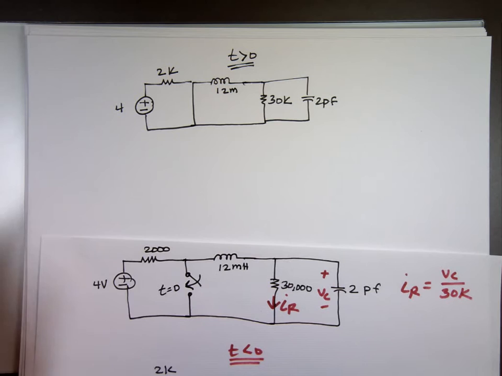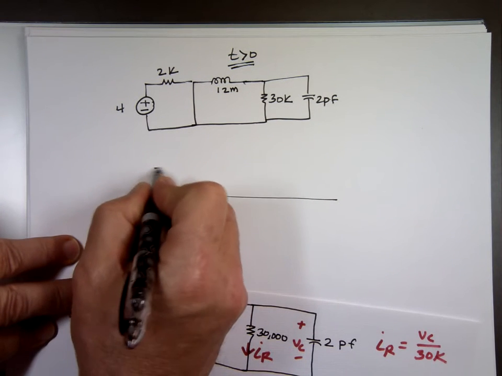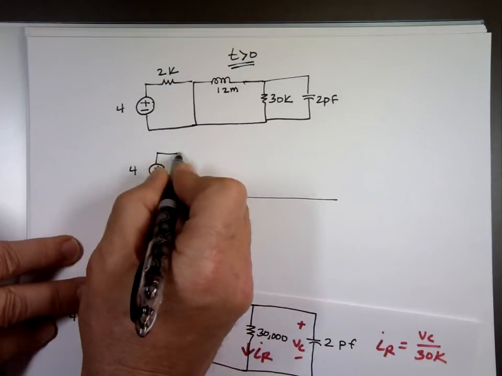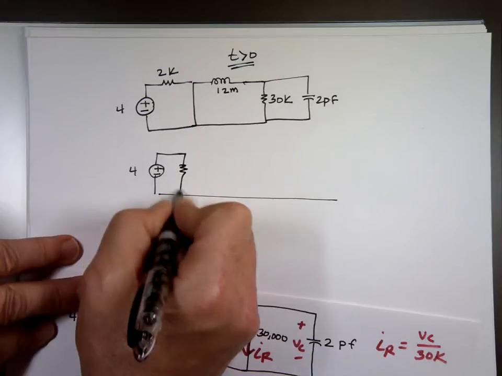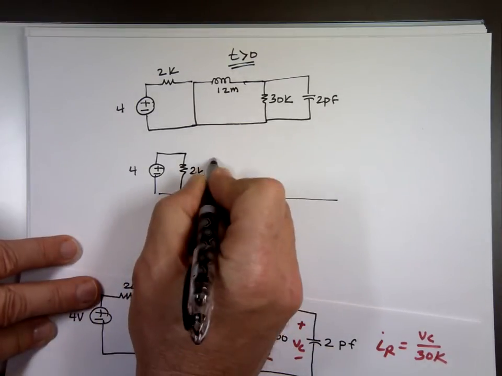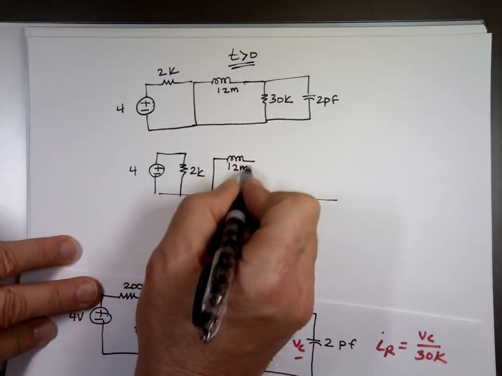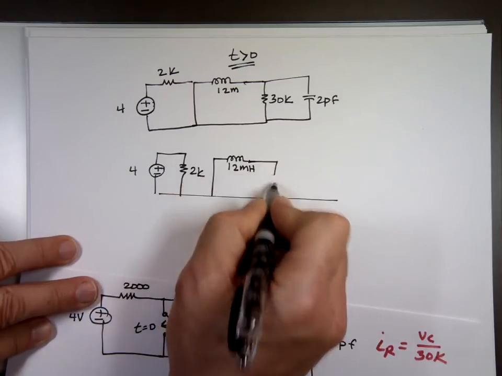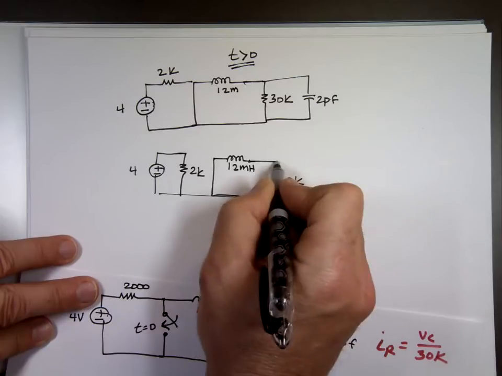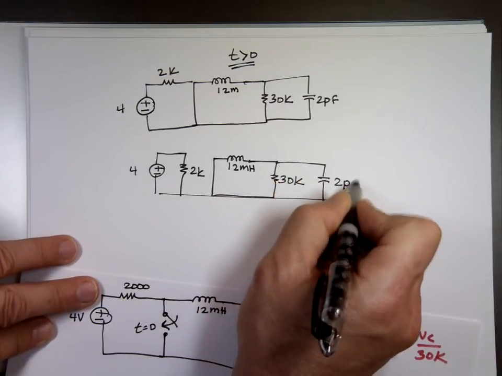If you look at the circuit, actually, I can redraw it a little bit differently. I can redraw it like this. 4, 2K, 12 millihenry, 30K, 2 picofarad.